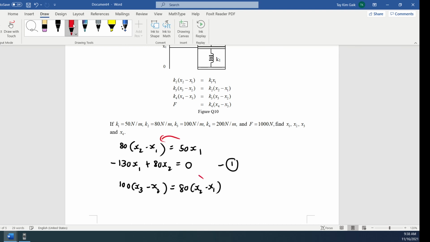Minus 80 x1 becomes positive 80 x1. Then x2: minus 100 minus 80, so minus 180 x2. And x3 is 100, equal to 0. Equation 2.